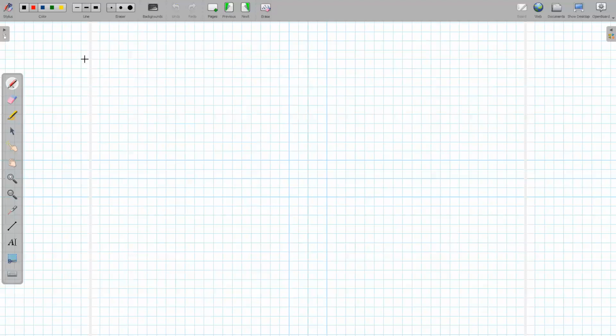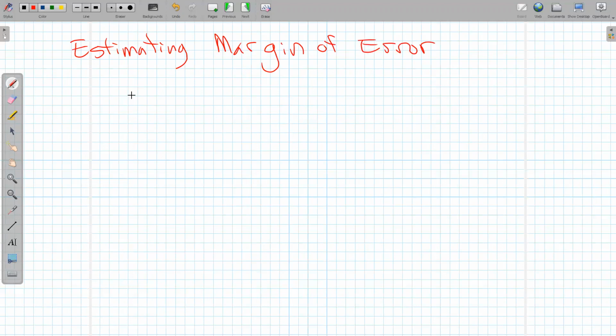So we're going to try that in a sec here. So, estimating error, usually called the margin of error. We're going to use the 95% rule, which was also known as the 2 standard deviation rule.